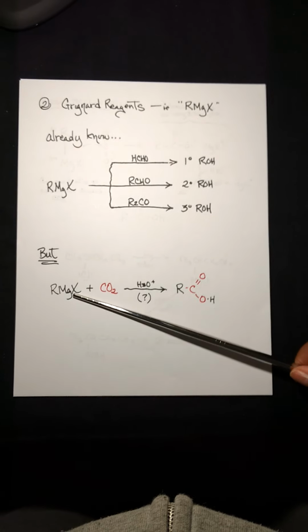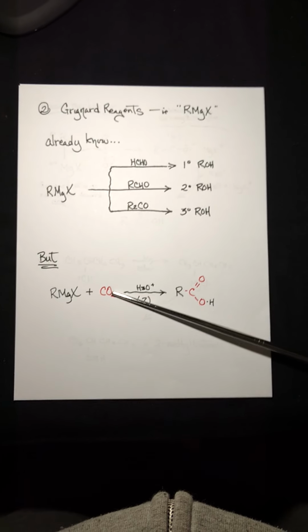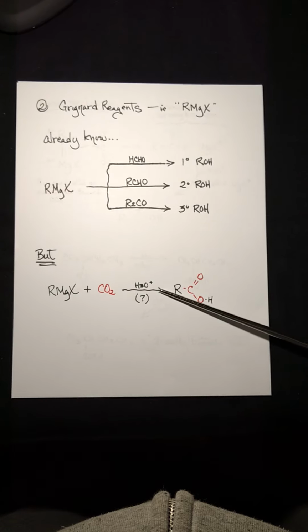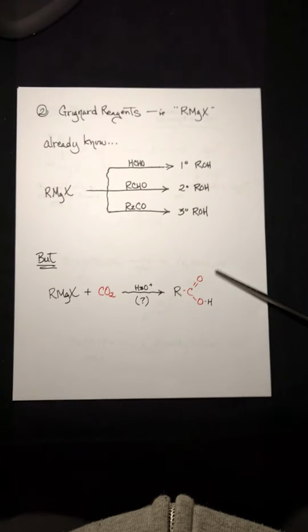But did you know that Grignards can also be treated with plain old carbon dioxide and then hydrolyzed to form a carboxylic acid?